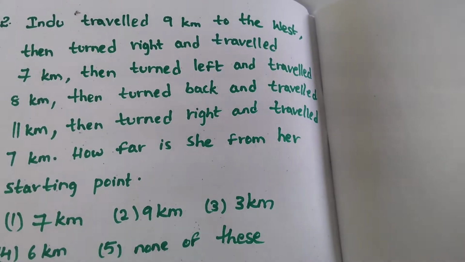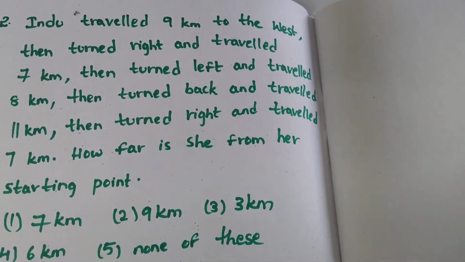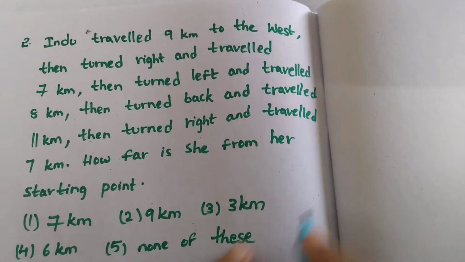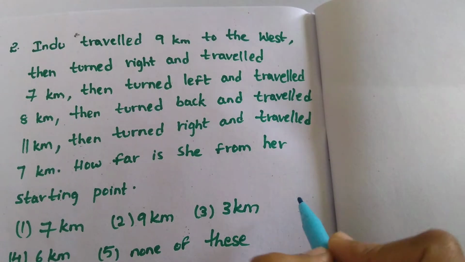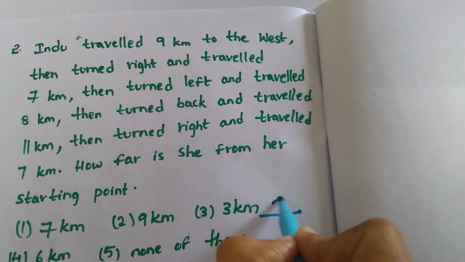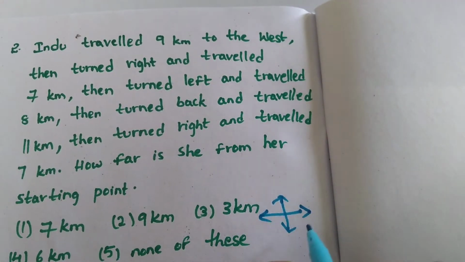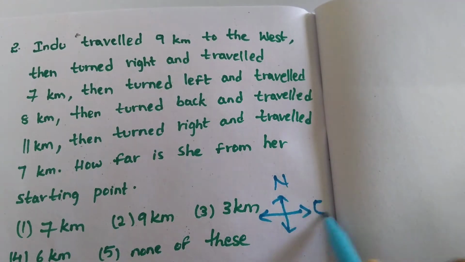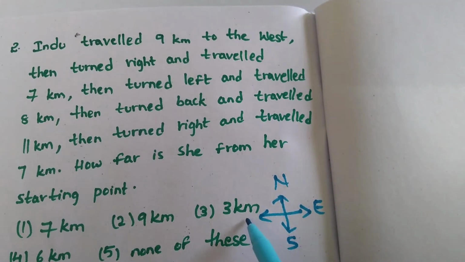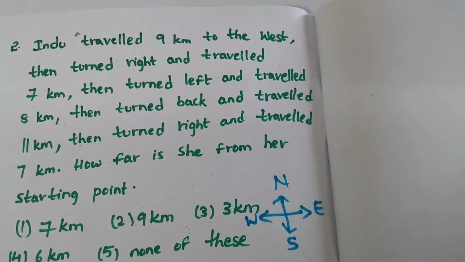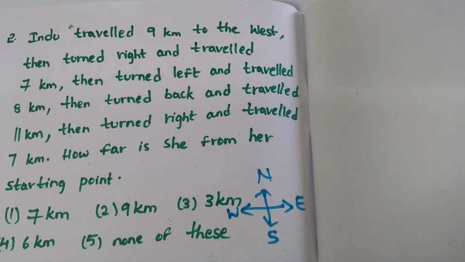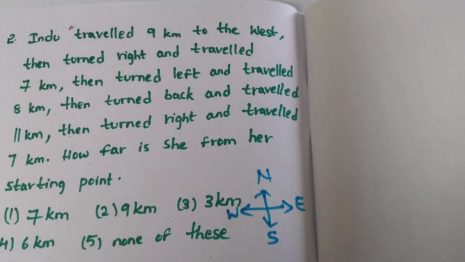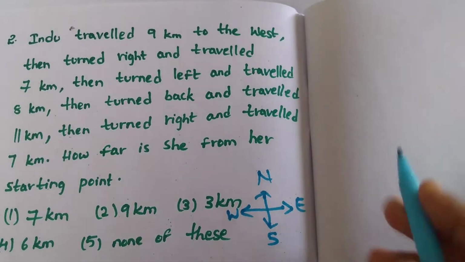First, we need to use direction plans: north, east, south, west. Indu traveled 9 kilometers to the west. What is the direction of west?